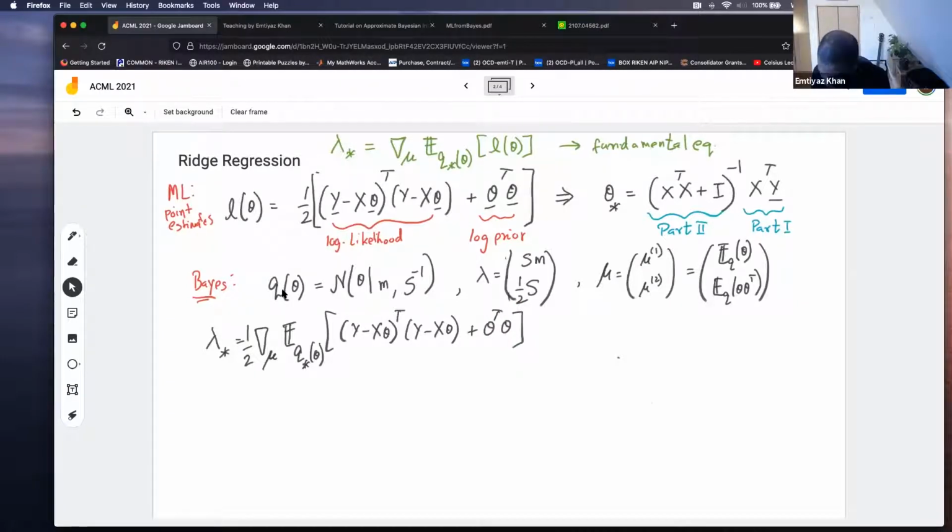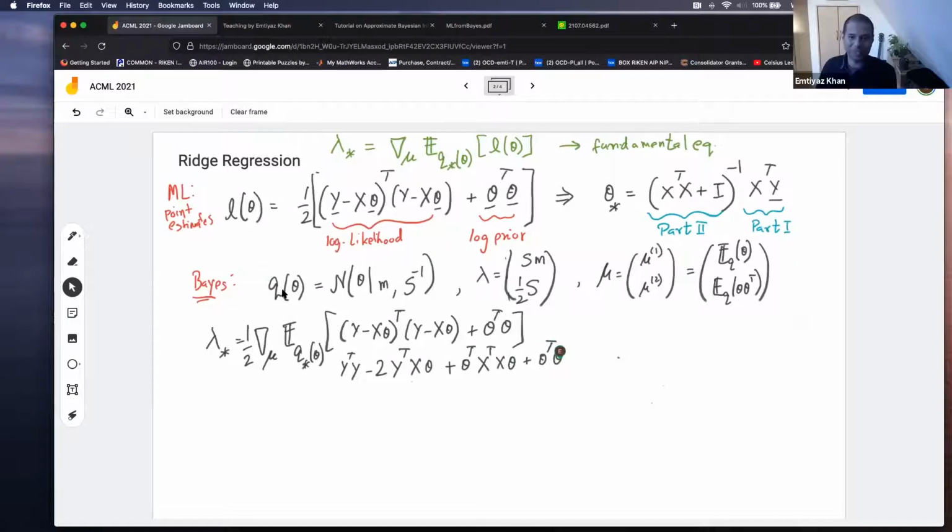And now I can simplify this loss a little bit. I'm going to expand this: y transpose y minus 2 y transpose x theta plus theta transpose x transpose x theta plus theta transpose theta.